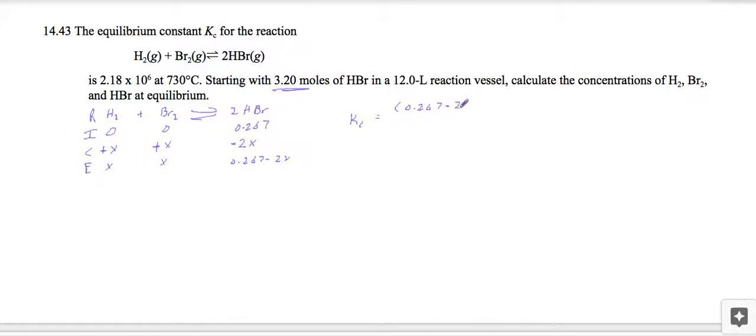0.267 minus 2x squared, because of the coefficient here, over. I'm going to skip ahead and maybe see if you can see how that works. So if we have x on the bottom, and x on the bottom, x and x, x and x, we end up with x squared.